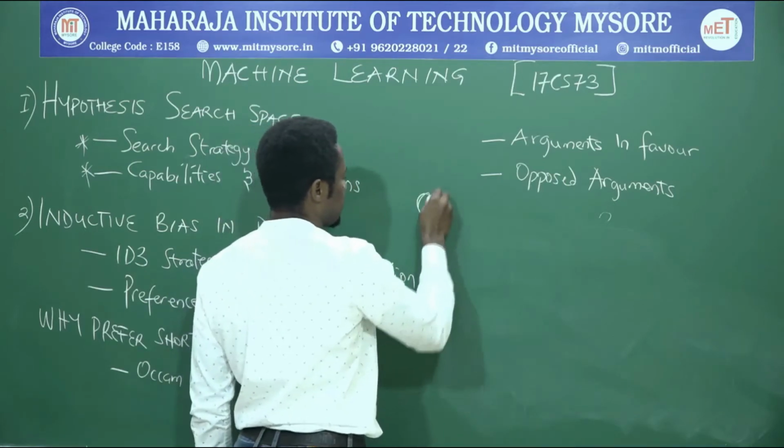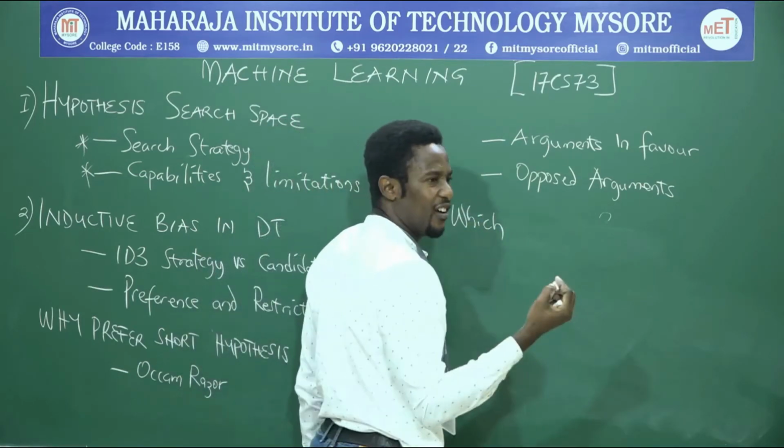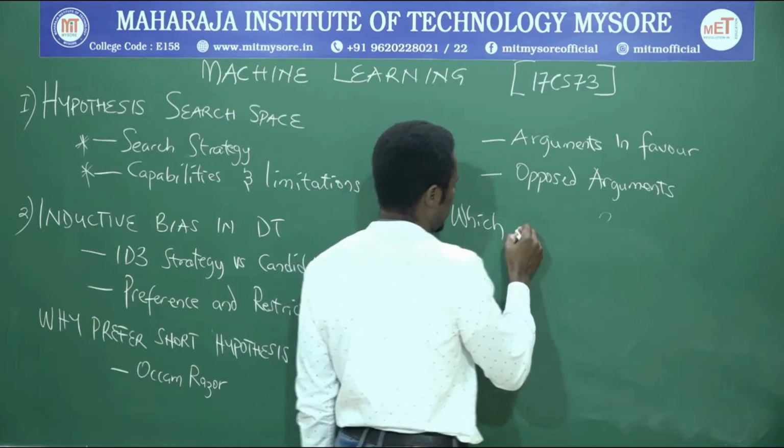So the question was, which of these decision trees should ID3 choose?